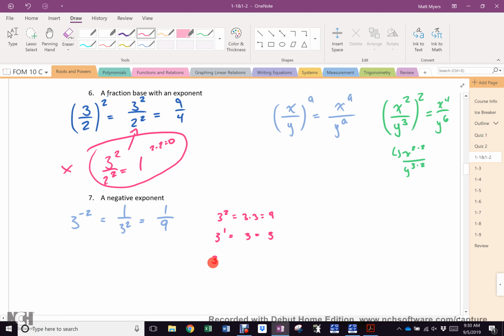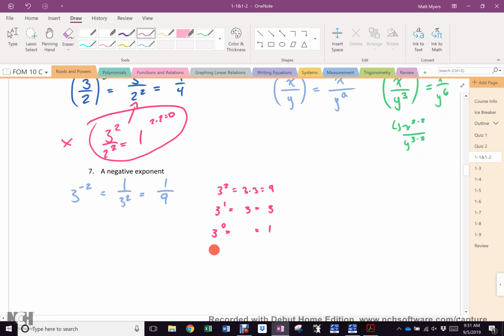So what's the next logical exponent? 0. I can't write anything there, can I? No. And that's 1, so I divided by 3, didn't I? Now, what is the next logical exponent? Negative 1. That would mean 3 is my base, and I'm going to multiply it by itself a negative amount of times. Does that make any sense?